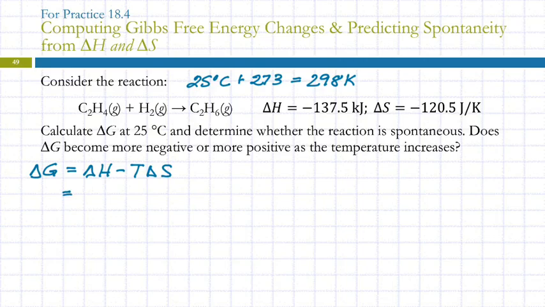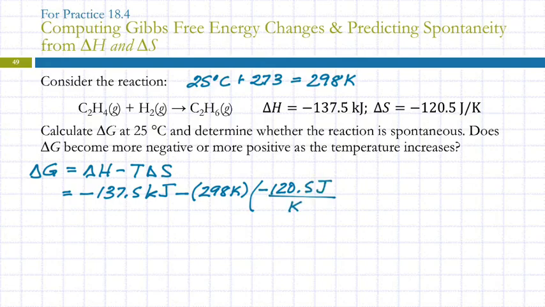So delta H, minus 137.5 kilojoules, minus temperature in Kelvin, 298 Kelvin, times delta S, which is negative 120.5 joules per Kelvin. But wait, that needs to be in kilojoules.